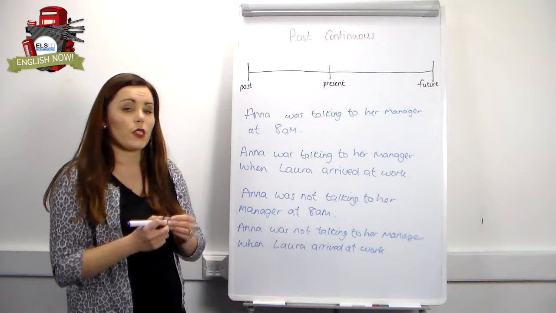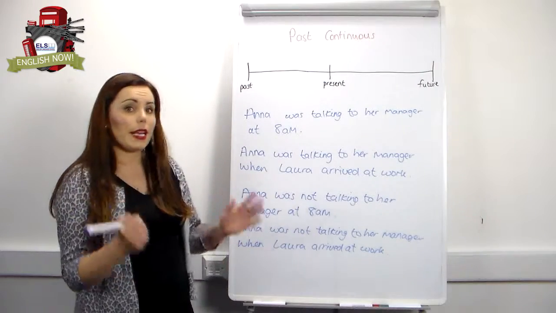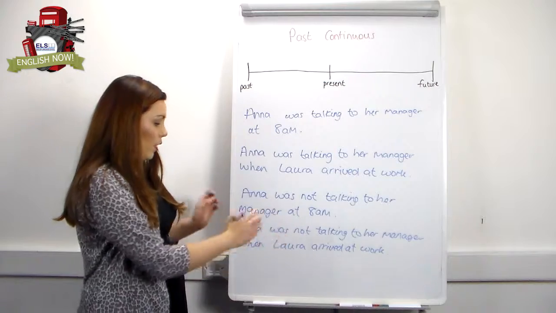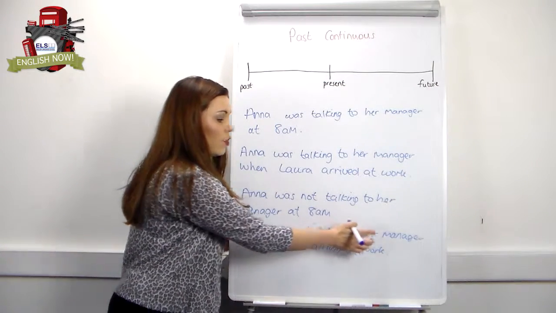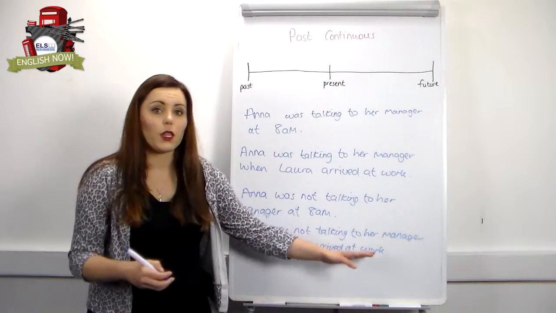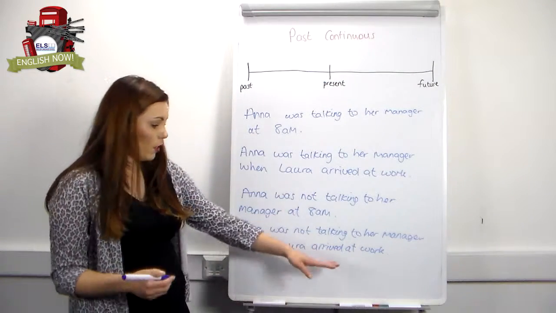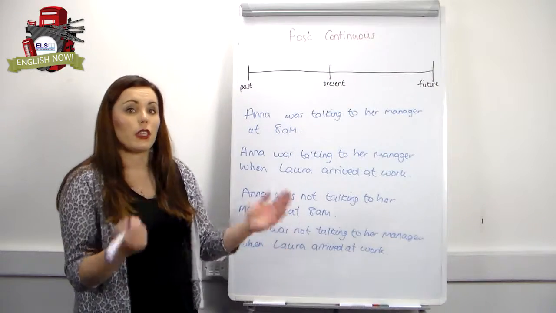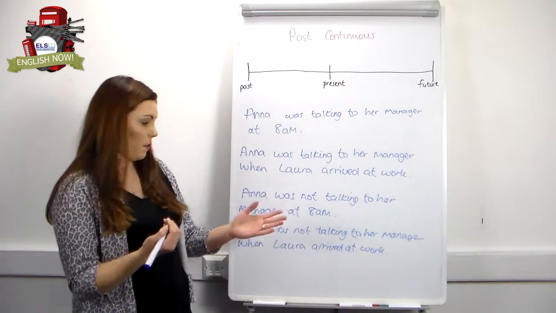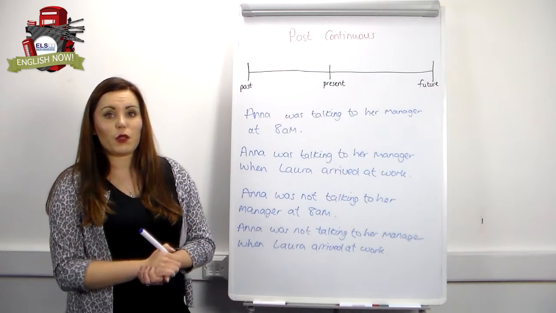We have two actions and the negative only relates to the first action, the longer action. Anna was not talking to her manager. Laura arrived at work is the same. This is still the statement part of the sentence, so we still use the simple past. Let's have a look at questions.